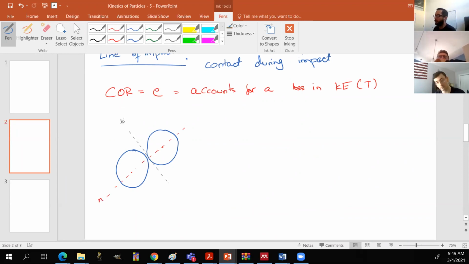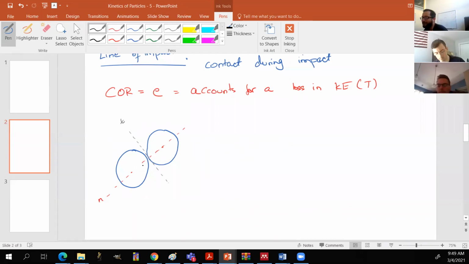And then in the case of direct central impact, the bodies are traveling in the same direction in which the normal is defined, right? So you have, let's say that this is body A and body B, right? So this was traveling at VA like that, and then this was traveling at, say, VB like that.